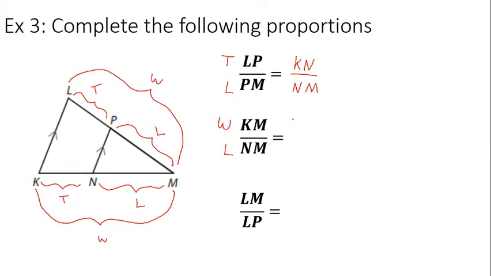The other side whole is LM, lower is PM. Okay, the last one, LM is the whole, LP is the top. So it means whole over top. So whole will be KM over top, which is KN.